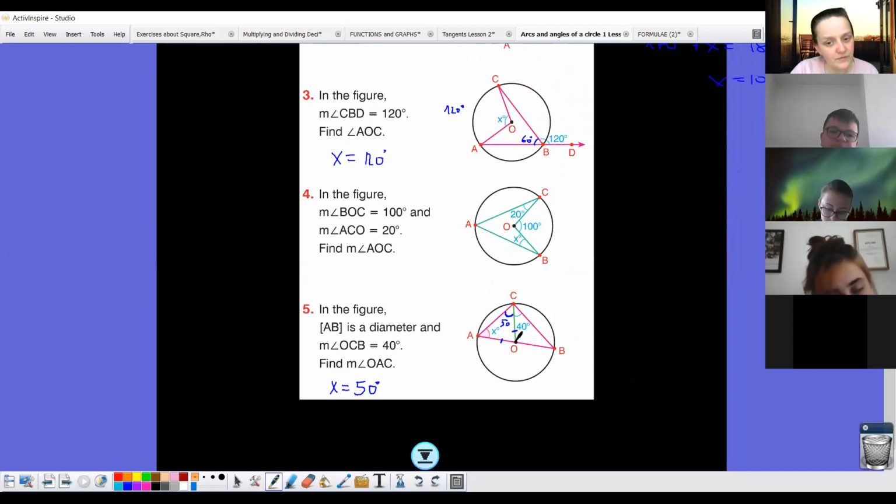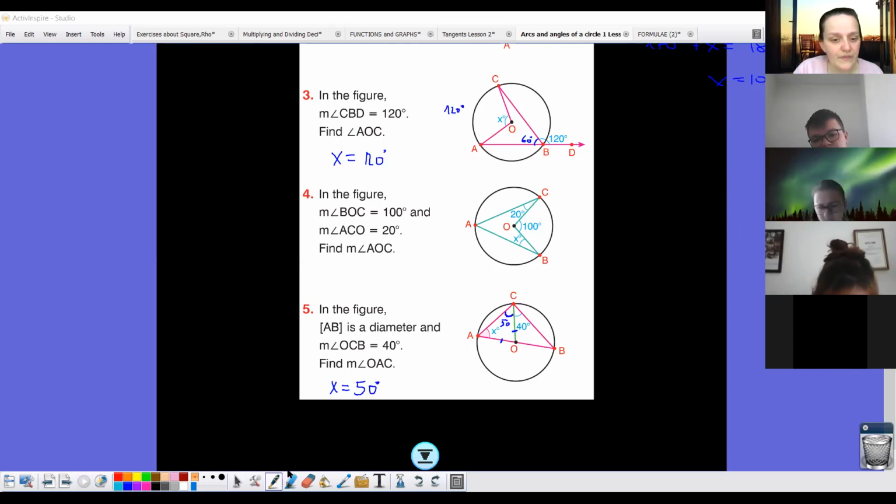It passes through the center, and this angle here will be 90 degrees. So if this one is 40, this one will be 50. Because these sides, OA, OC, are the radius, they will be the same. Here we have an isosceles triangle, and if this one is 50, this one will also be 50 degrees. Okay?